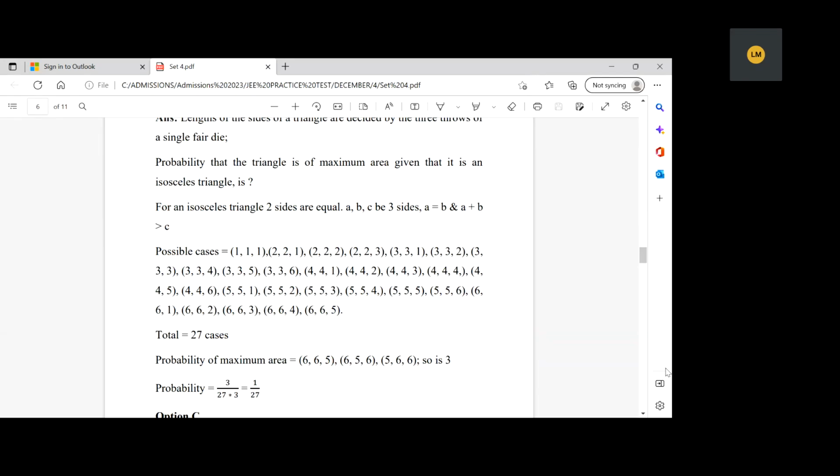Yes, the number of times. Yes, it can be written 3 times, because we'll be considering all of them.